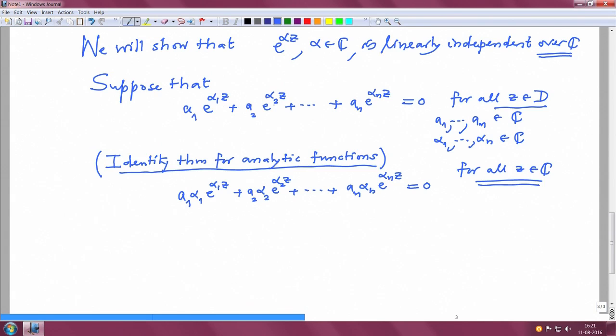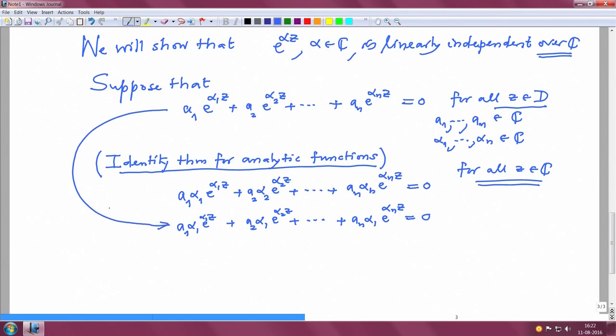On the other hand, this given equation I could have simply multiplied by alpha 1. If I multiply this equation by alpha 1, what do I get? a1 alpha 1 e power alpha 1 z plus a2 alpha 1 e power alpha 2 z, plus so on, plus an alpha 1 e power alpha n z. We have multiplied by alpha 1, and it is 0. Now, I subtract.